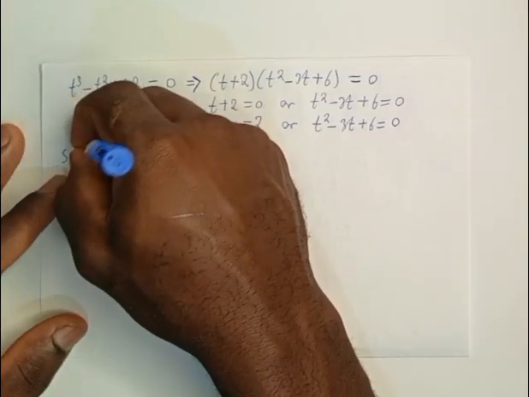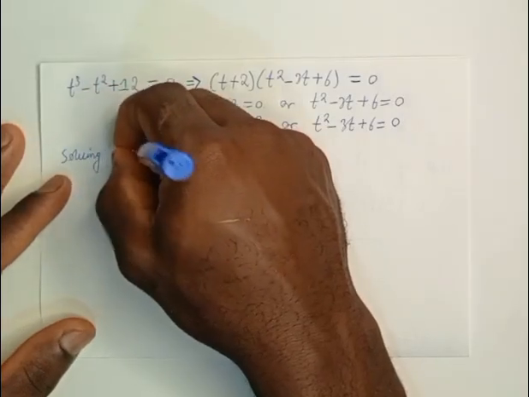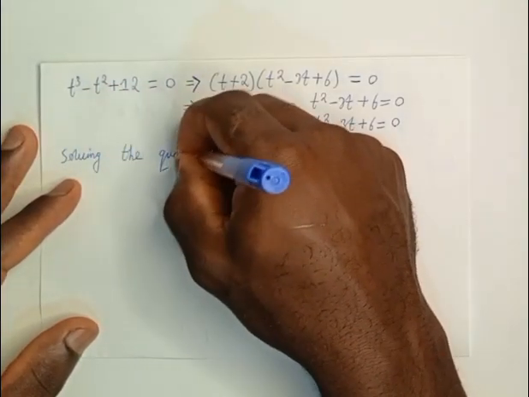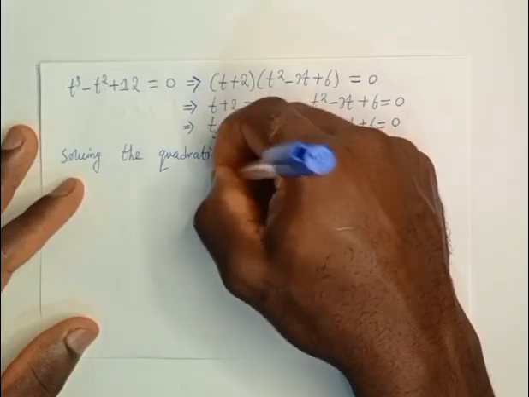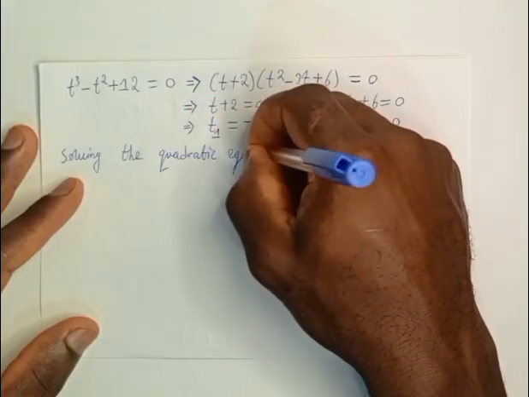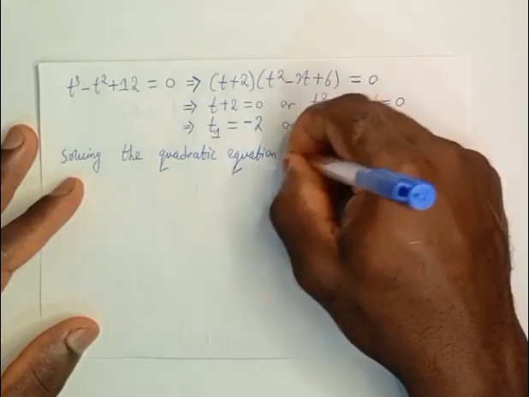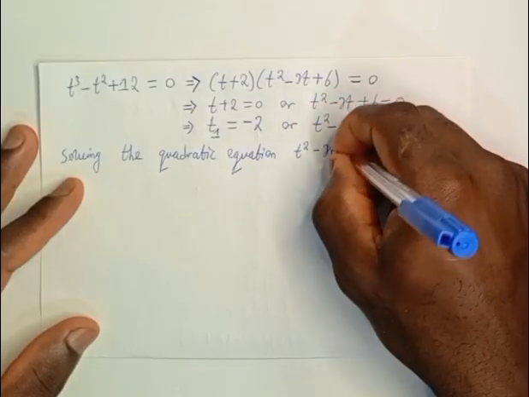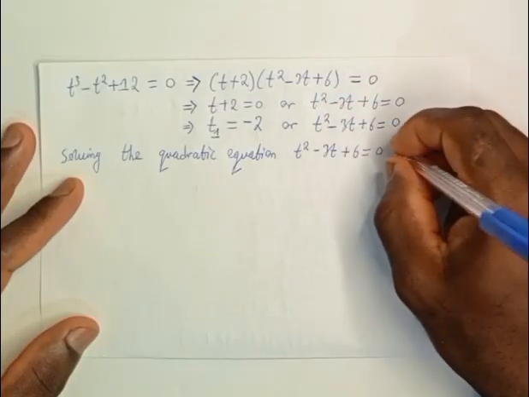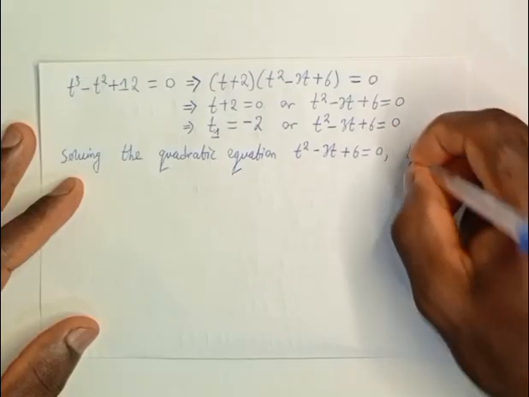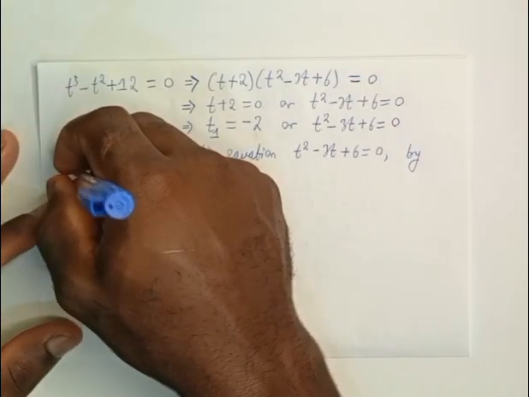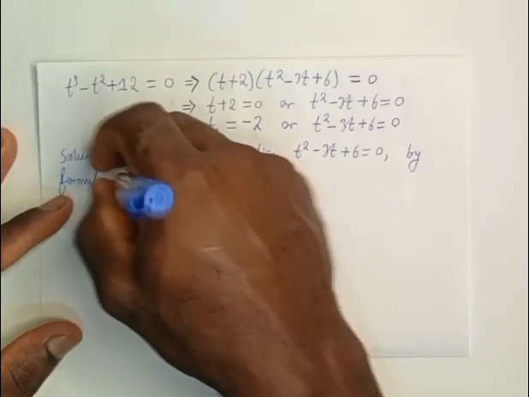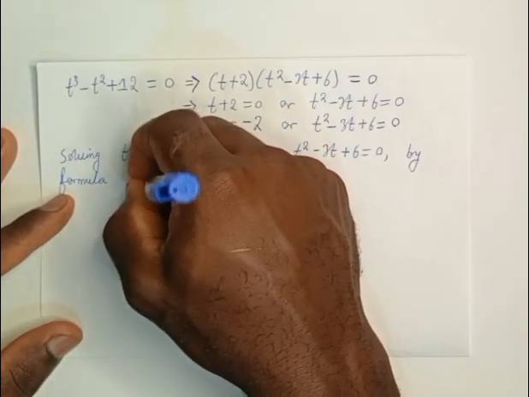Solving the quadratic equation t squared minus 3t plus 6 equal to 0 by formula method.